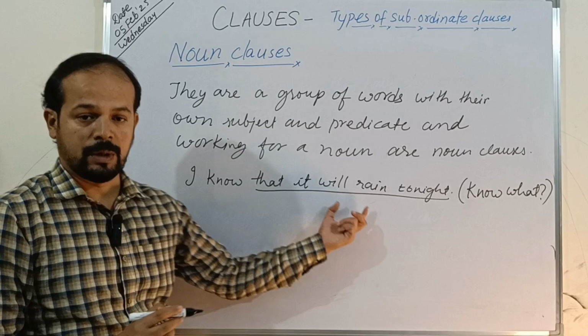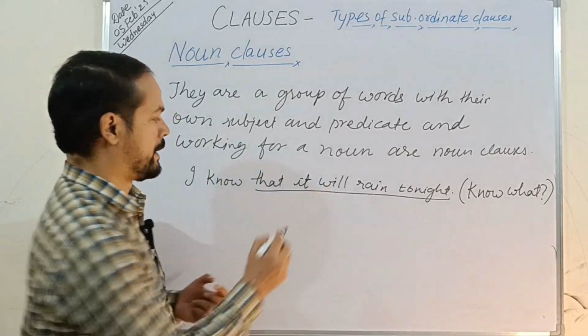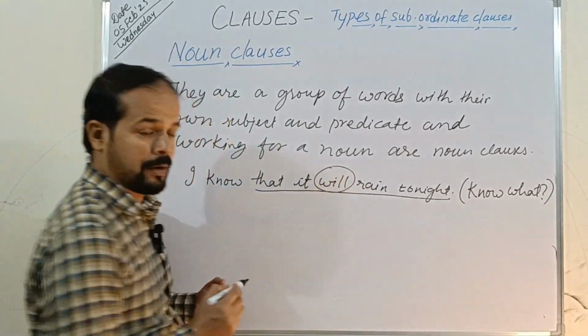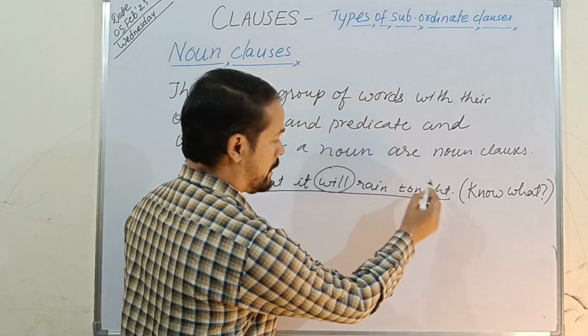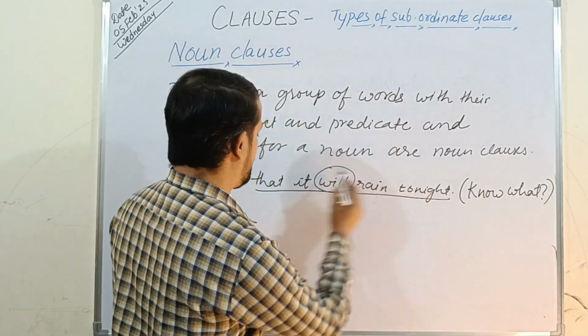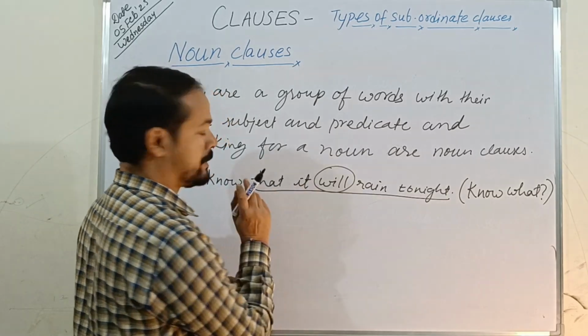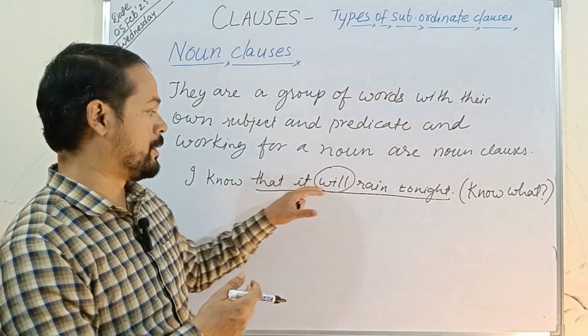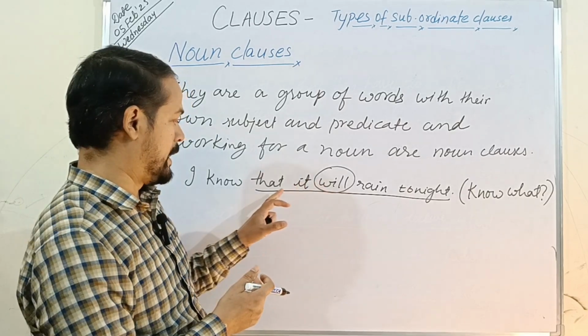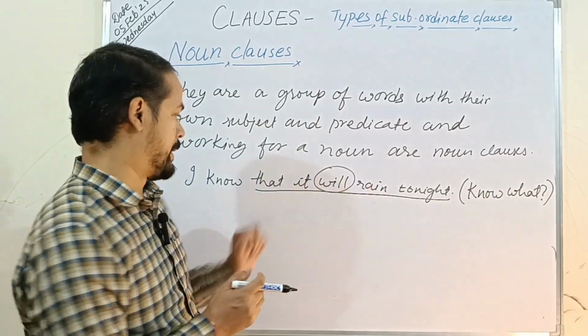And this is a group of words with a finite verb in it, or in other words we can say it has its own subject and the predicate part is there. This is the predicate part, will rain tonight, and it is the subject there. So either we understand this way by saying that there is a finite verb, or we say it has its own subject and predicate.